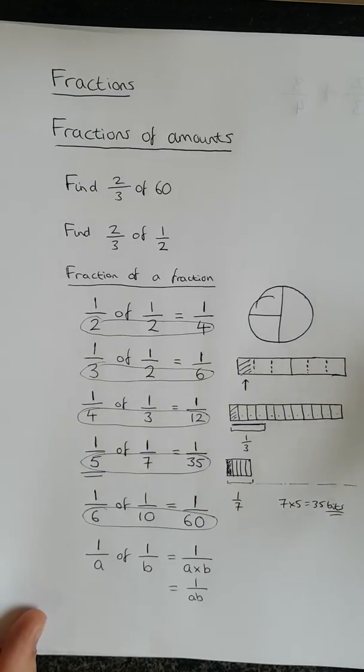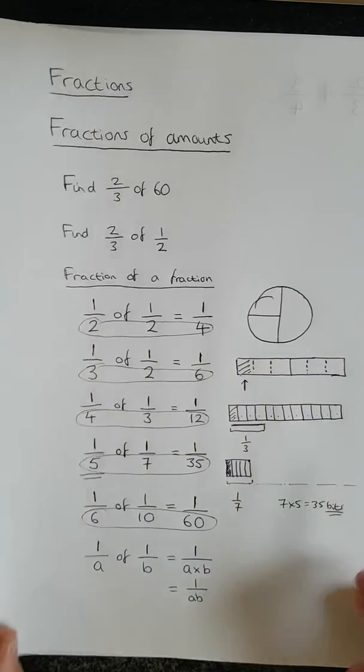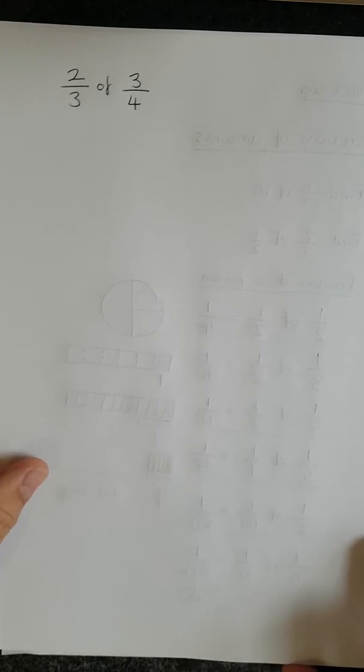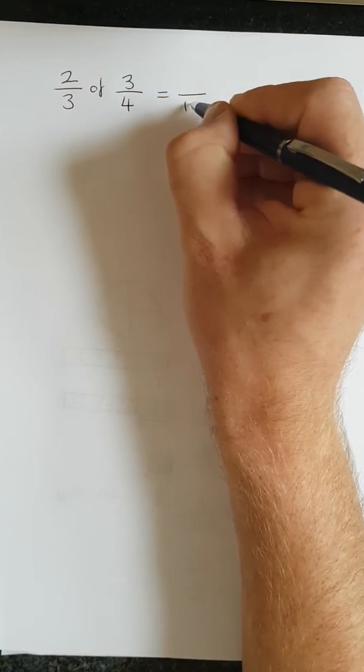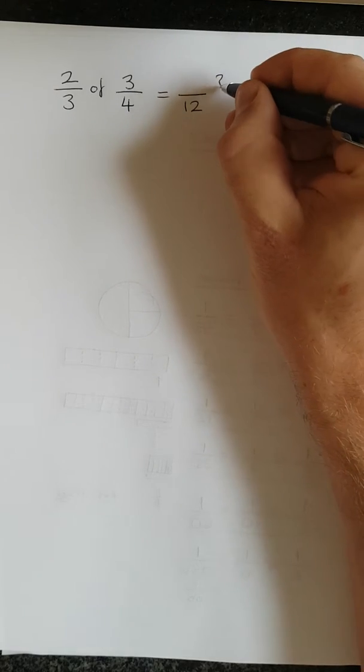What's going to happen now? I think some of you will tell me the denominator is 12. That's a sensible idea. Whether it's right or not, we'll find out in a minute. But what could the numerator be?